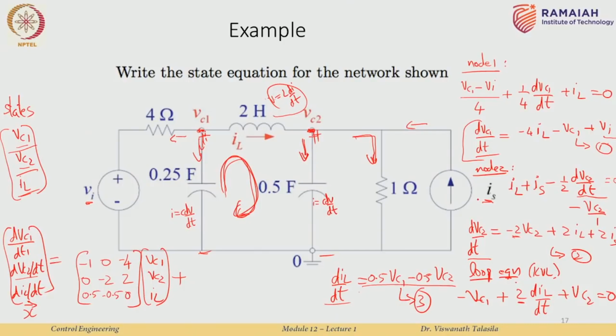Now, we still have to plug in the inputs because we have a Vi and an Is over here. So, what we are going to do with that is we have 2 inputs Vi and Is, and what we would need is a 3 cross 2 matrix over here, because this is a 3 cross 3, it will be a 3 cross 2 matrix, alright. And we see that dVc1 by dt from equation 1, it depends on Vi, okay.